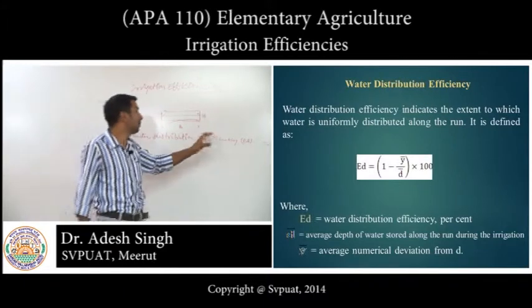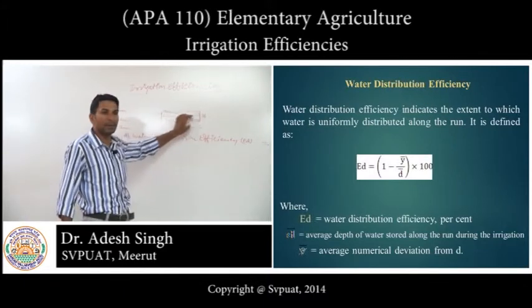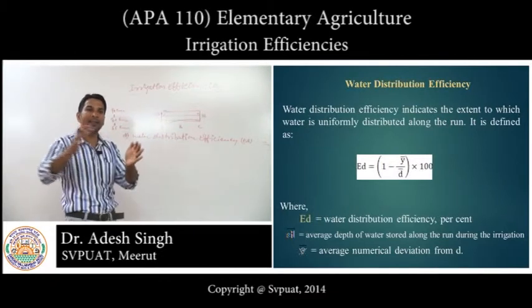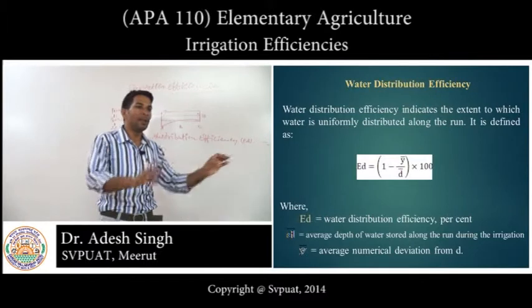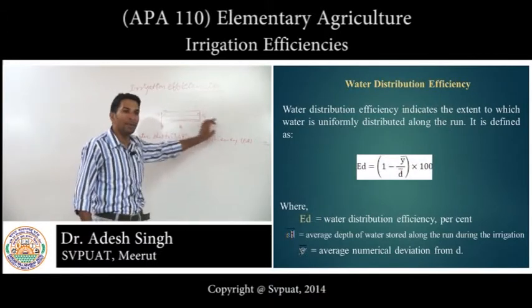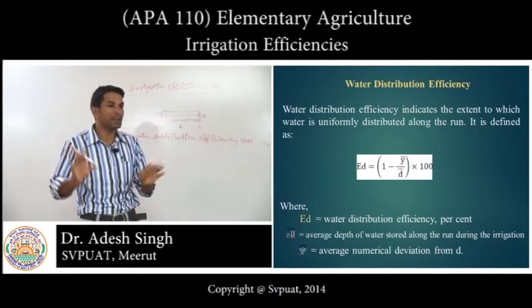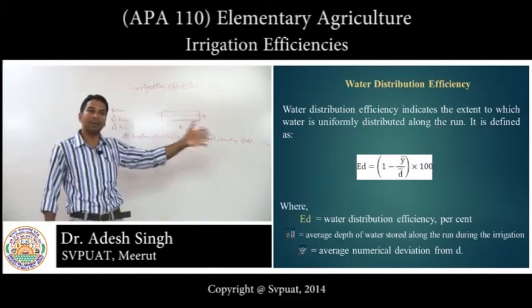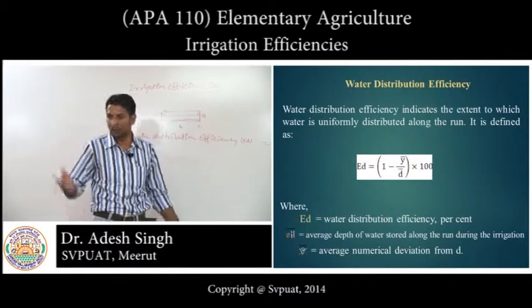So D bar is simply the addition of these 3, or if more than 3 points are there, the addition of the values divided by the number of observation points. Clear? If there are 3 points only, then divided by 3, or 4, 5 and so on.